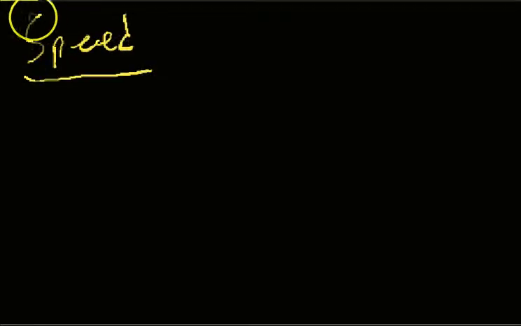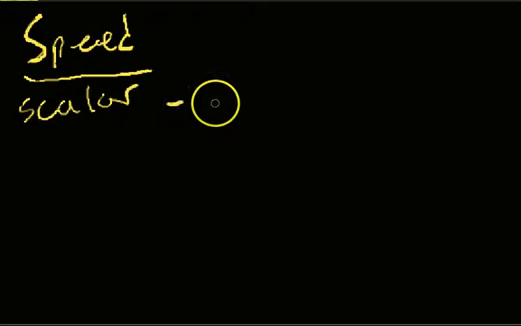And now the next topic in chapter 2 is speed. So speed, like the last video we talked about vectors and scalars, vector and scalar quantities, and speed is a great example, probably the most common example of a scalar, because it has a magnitude.